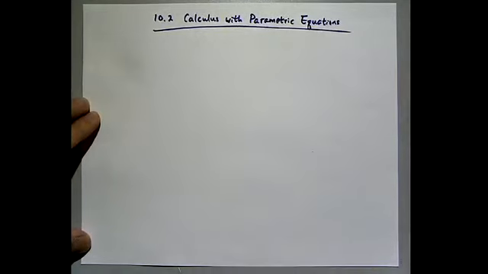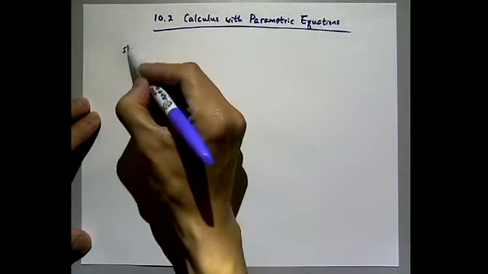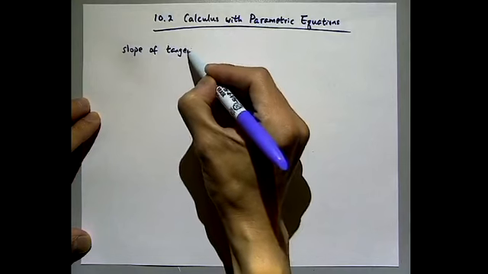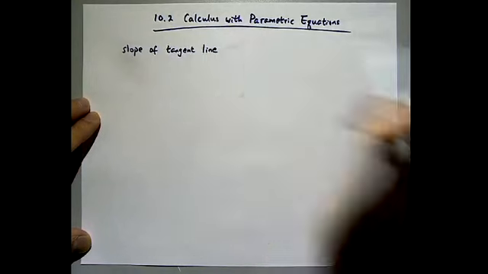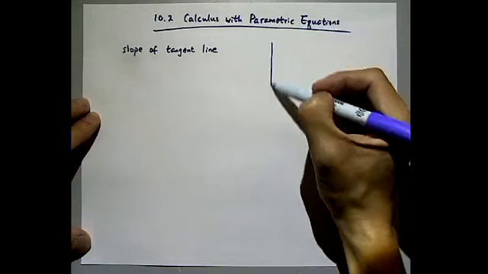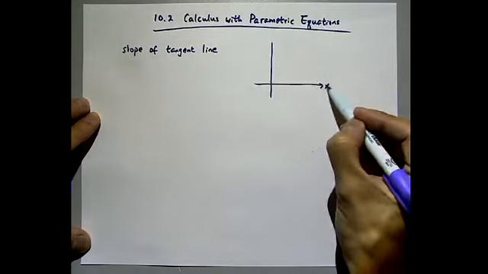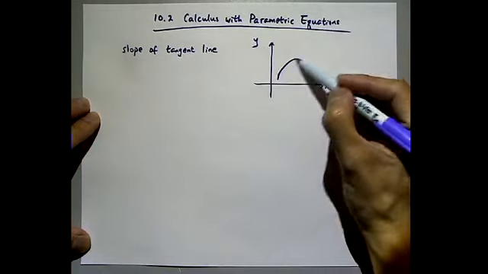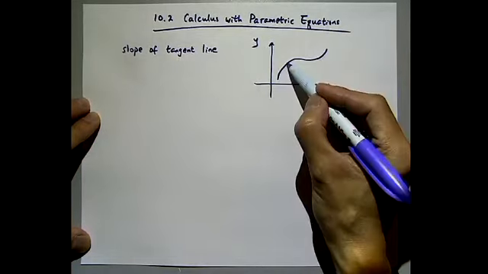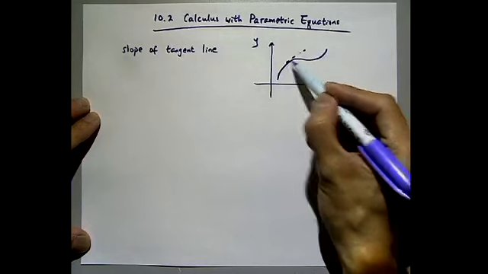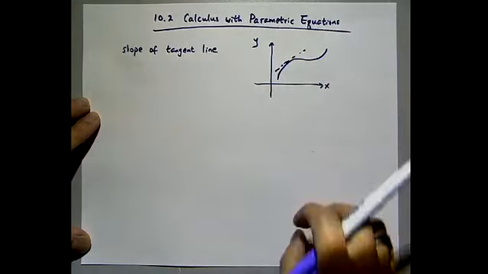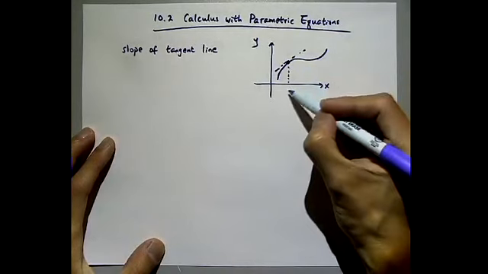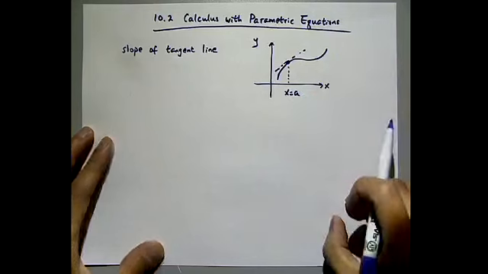The first thing we're going to look at is the slope of the tangent line. All right, so if I got some kind of curve like that, then suppose we want to know the slope of the tangent line at some value x is equal to a.